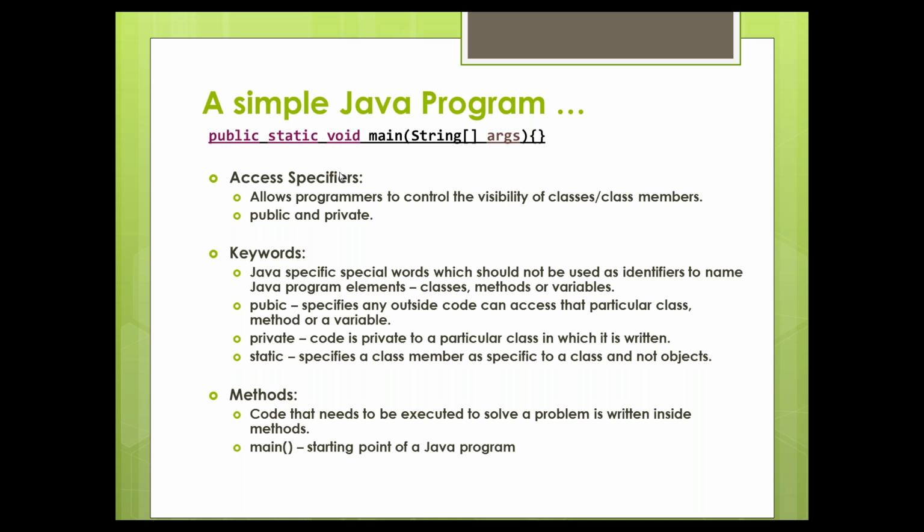What is the difference? You have a class, and you can create any number of objects of that particular class. We will discuss all these things in a future class, but just at a high level.